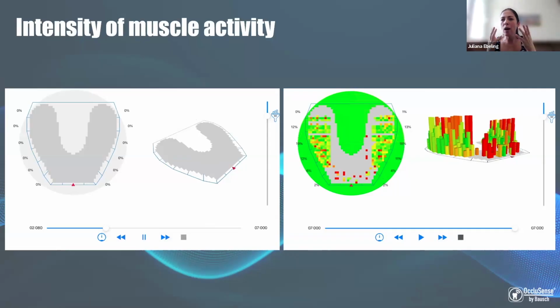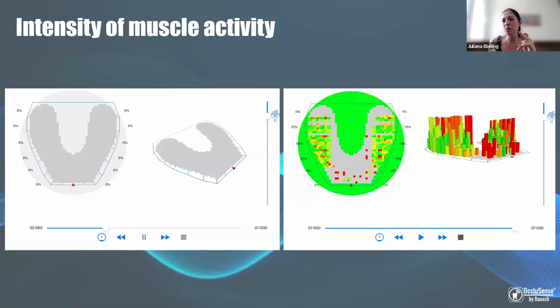I need to understand what I'm looking for. If I want to understand how the contacts are happening, I will ask the patient, please just close, and then this patient will not use a lot of force, and I can see more clearly the contacts happening. For example, on a stable contact, I can see it starting here and going through here.